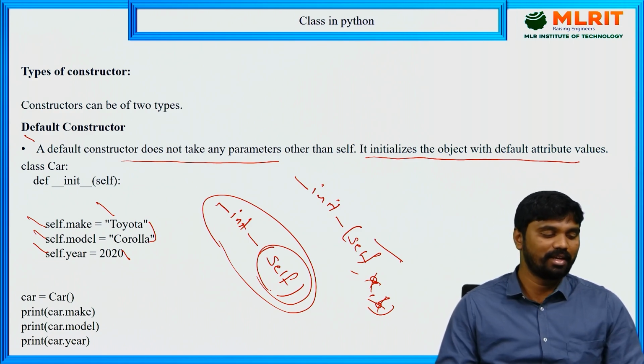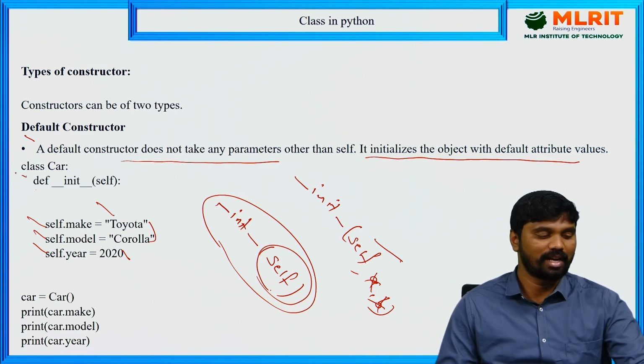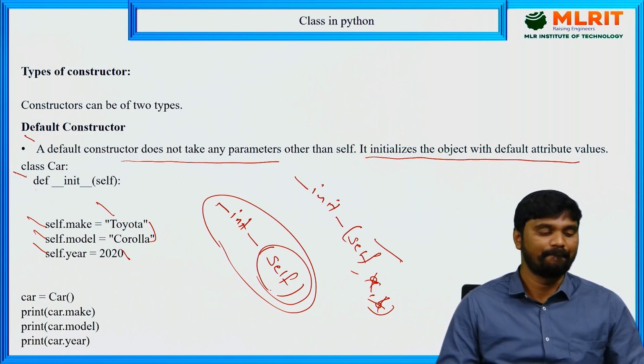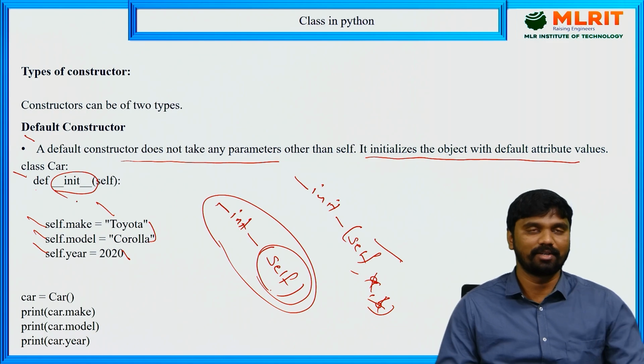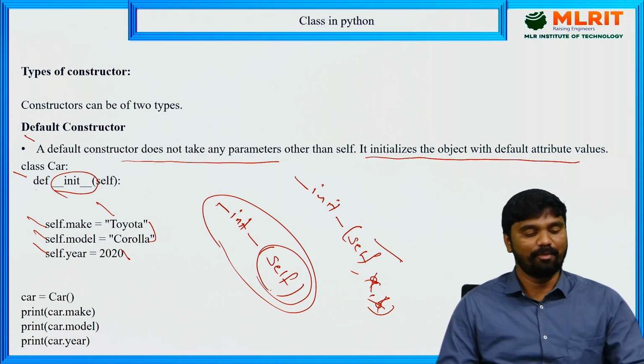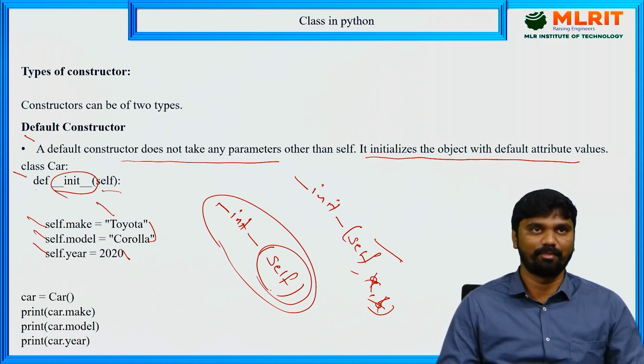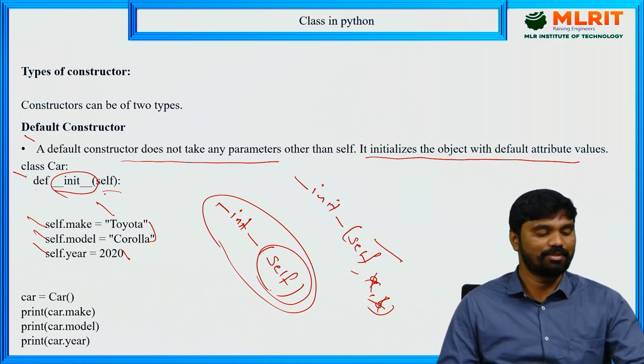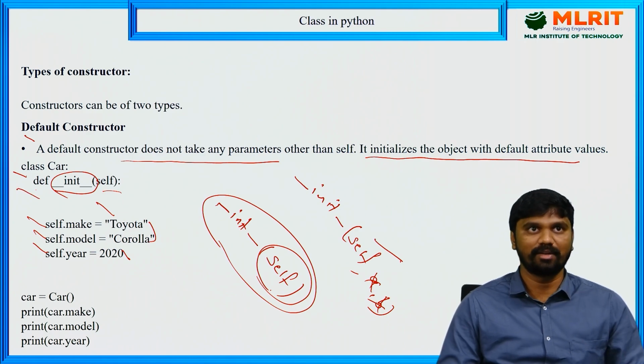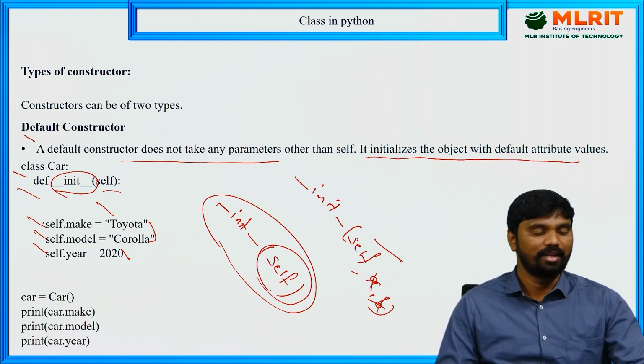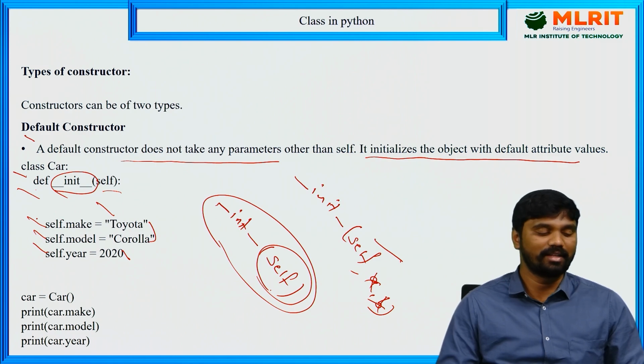For example, here in this one, the class name is Car, and this is the constructor, double underscore init double underscore, and we pass one parameter, the self parameter. If you observe, we did not pass any parameters to this constructor other than self. That's why we can say this is a default constructor. To declare the instance variables, we have to use the self keyword within the constructor.